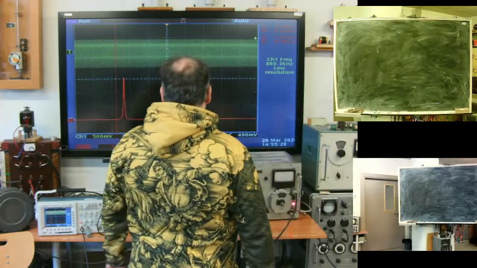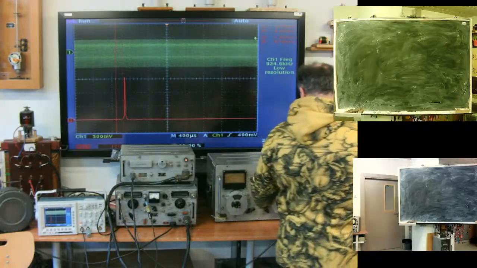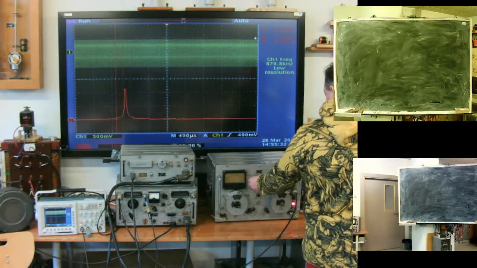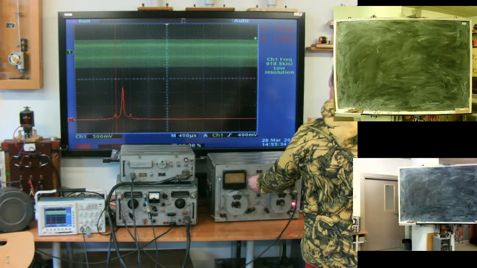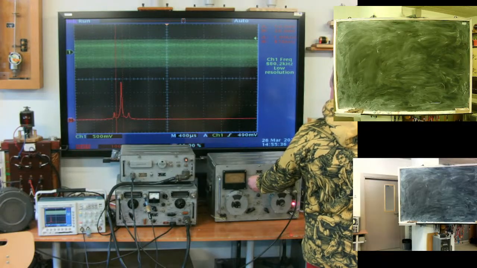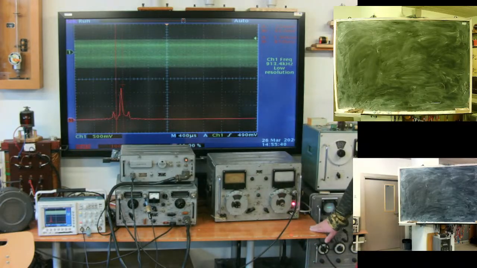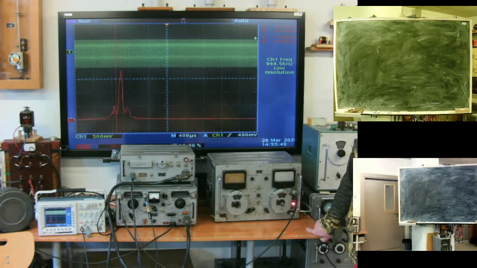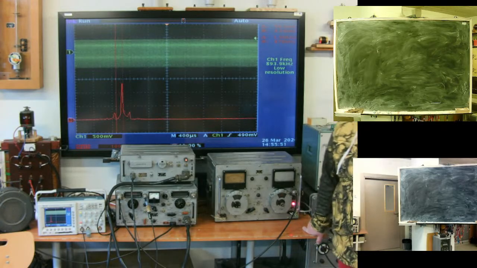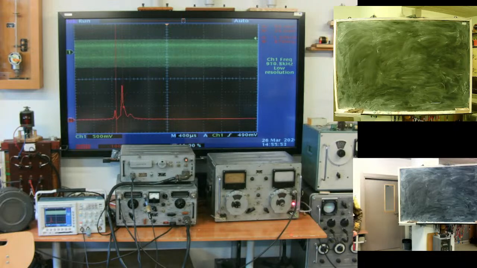Now, frequency modulation. I have switched my generator into frequency modulation mode. You see, nothing changes in amplitude because only frequency changes. I will expand the signal later.